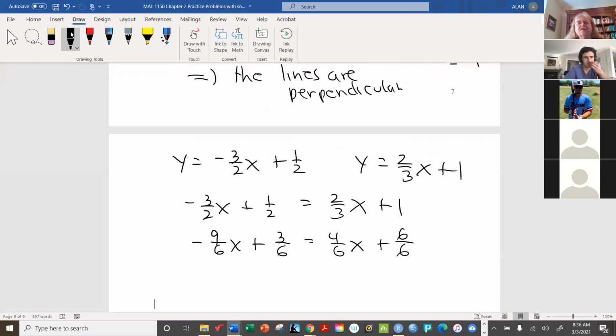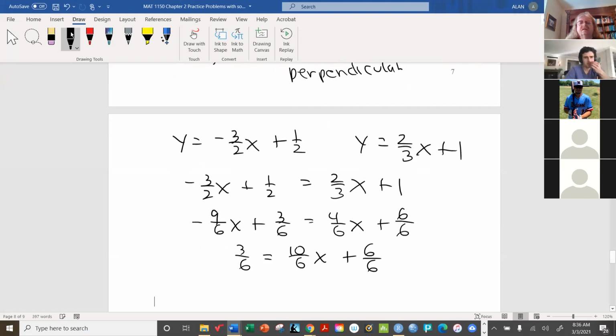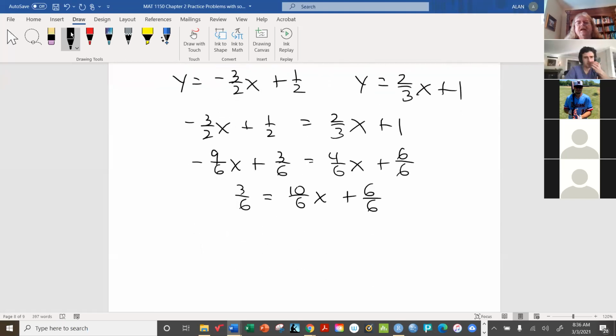Now I'm going to add 9/6 x to both sides, giving me 10/6 x, and then I can subtract 3/6 from both sides, which leaves me with -3/6 equals 10/6 x.